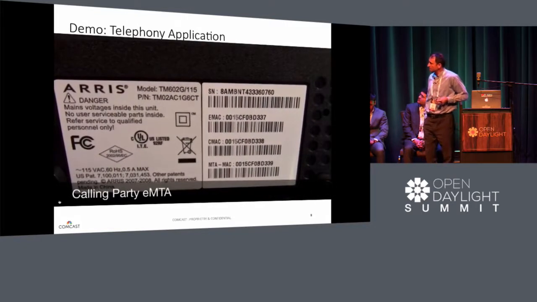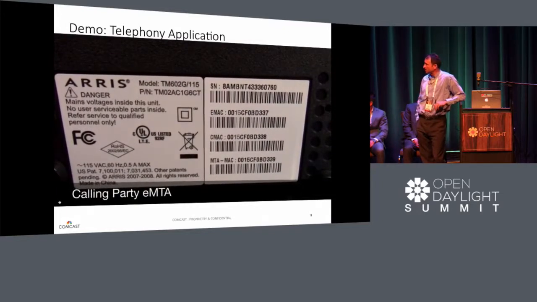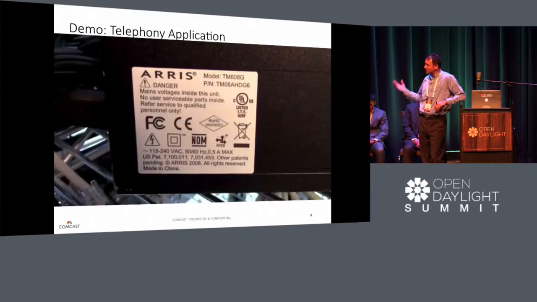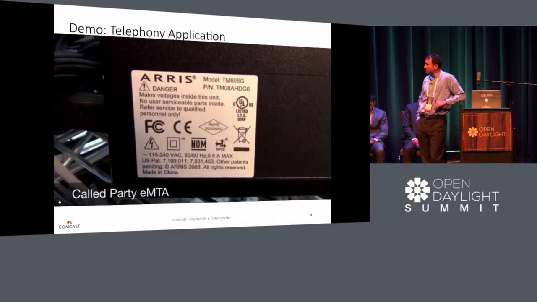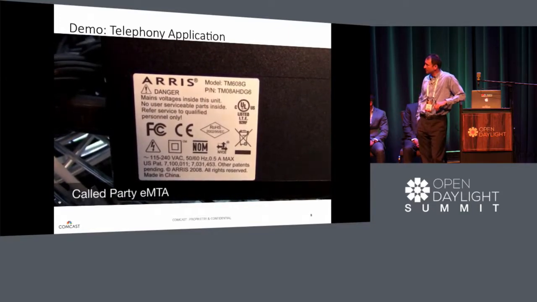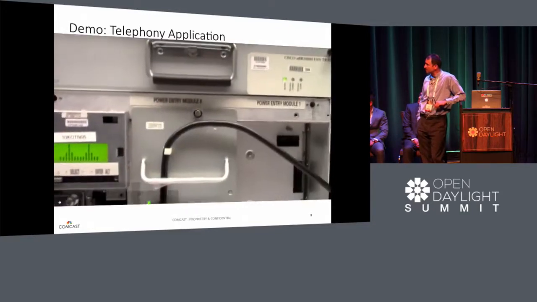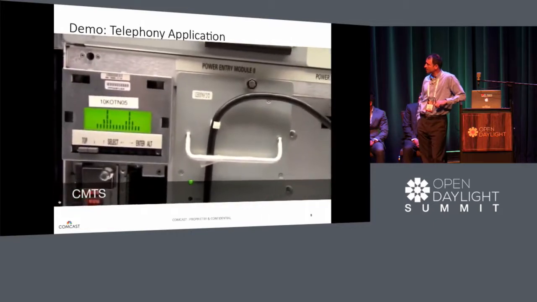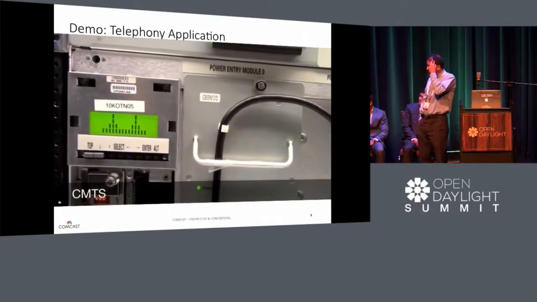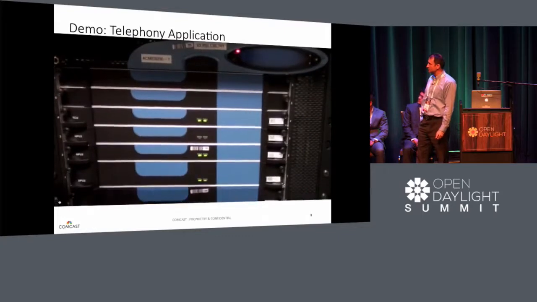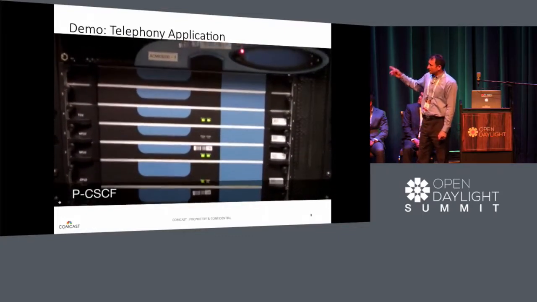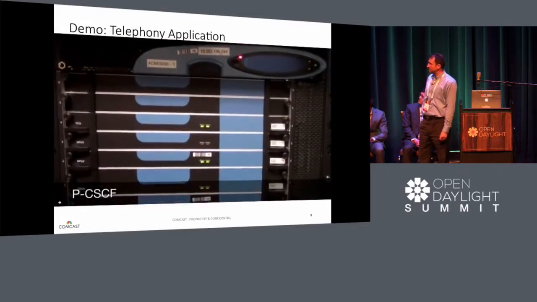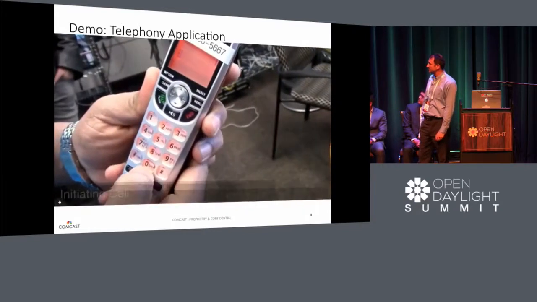These are the actual EMTA calling party elements, or SIP clients, that our actual phones are connected to, which initiate the SIP INVITE messages. This is our Cisco 10K CMTS, which establishes the service flow. And this is the P-CSCF network element, ACME 9200.